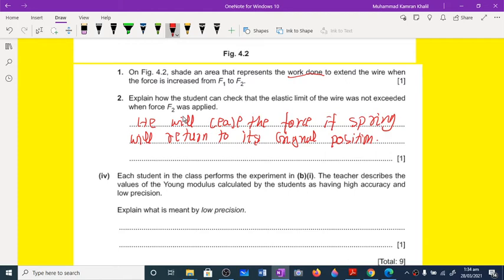So without applying the force, the length of the spring should be the same. So that is the answer to this question.